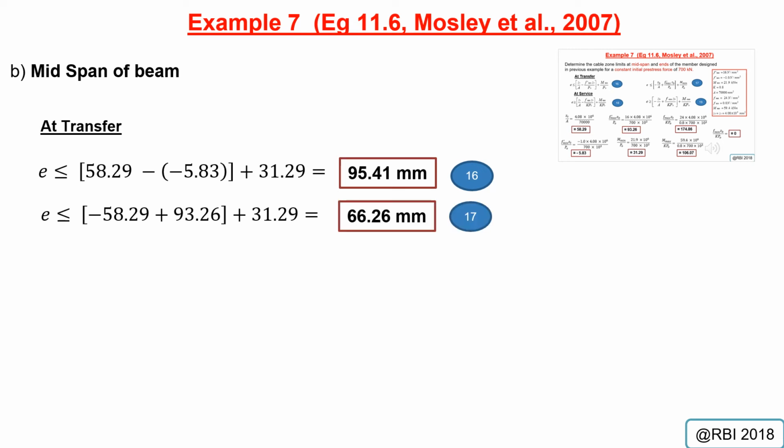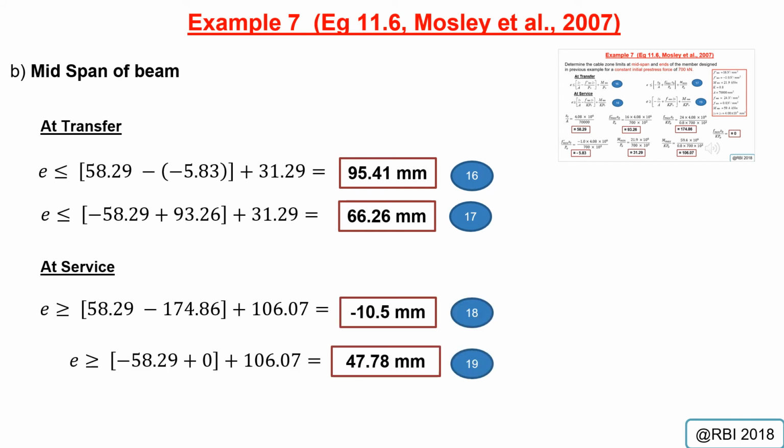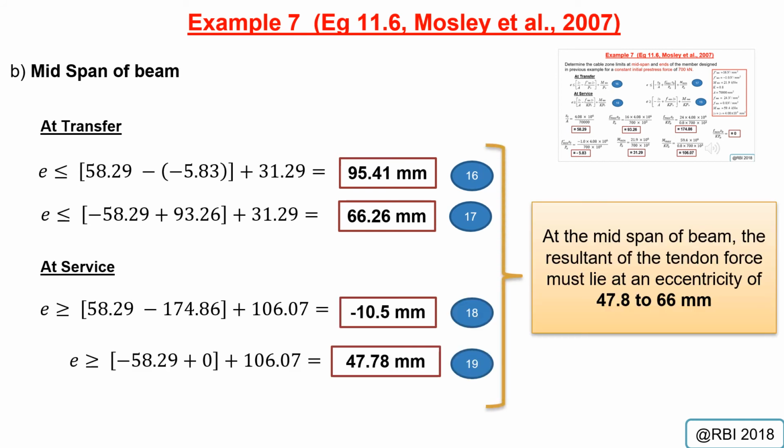The conclusion from these equations is that the eccentricity at midspan is lying between 47.8 to 66.26 mm.